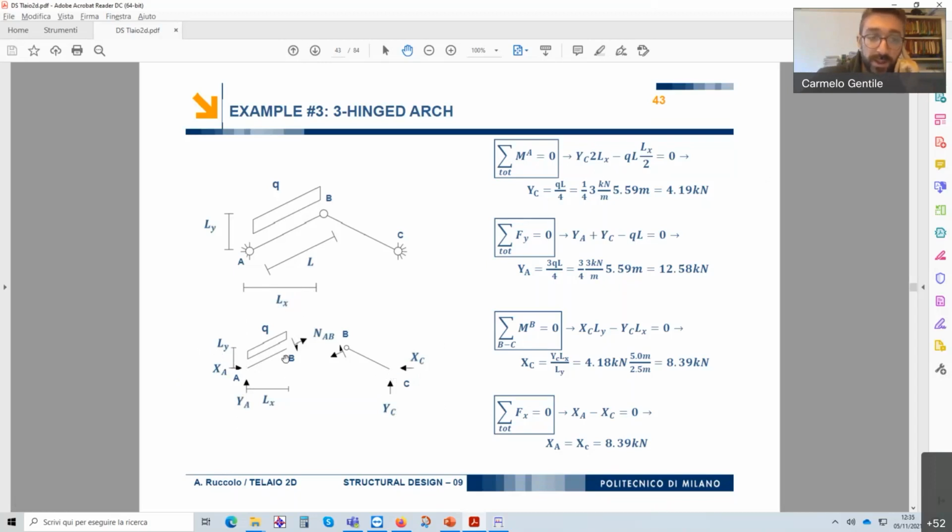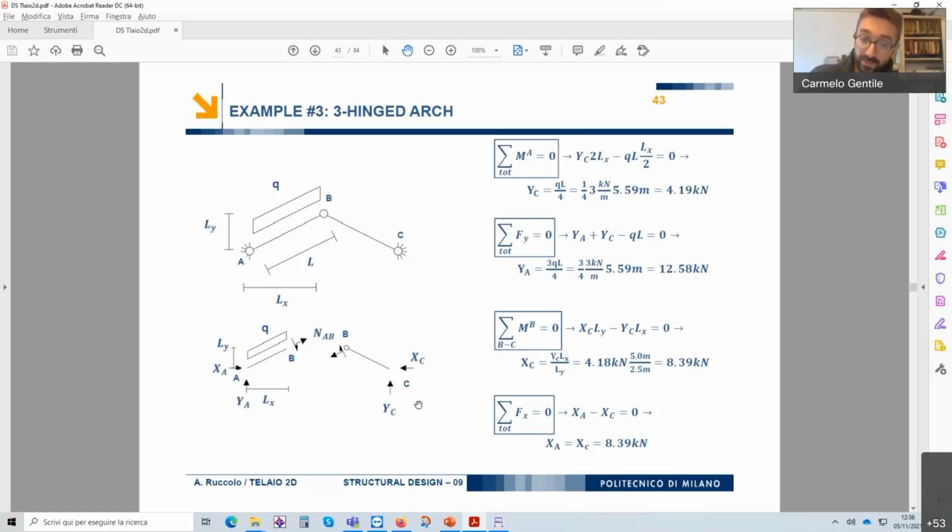And then we have also the external load, Q, whose force is Q times L, the complete L, and its lever arm is 1/2 of the horizontal span of the beam, so Lx over 2. The sum of these moments is equal to 0. So this leads into finding the value of Yc, which is 4.2 kilonewton.